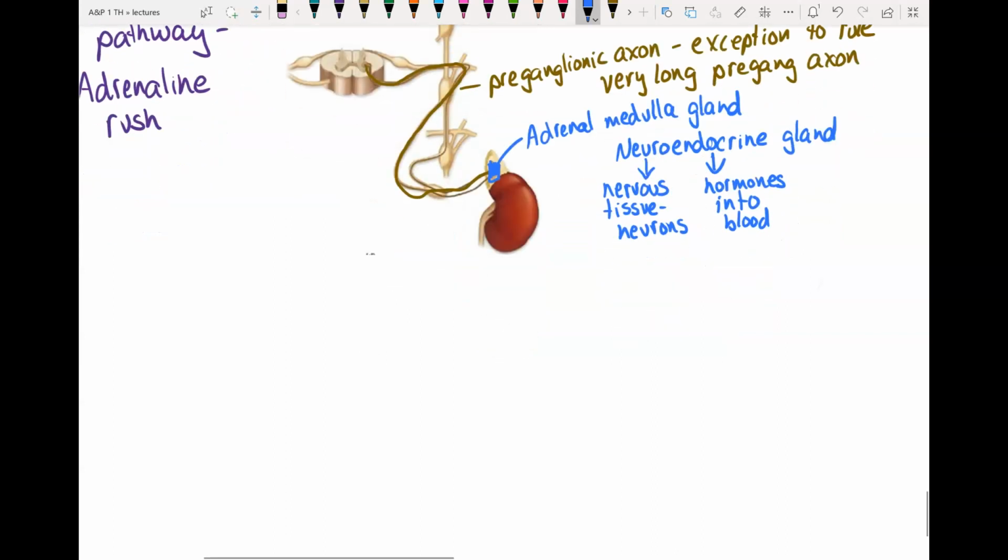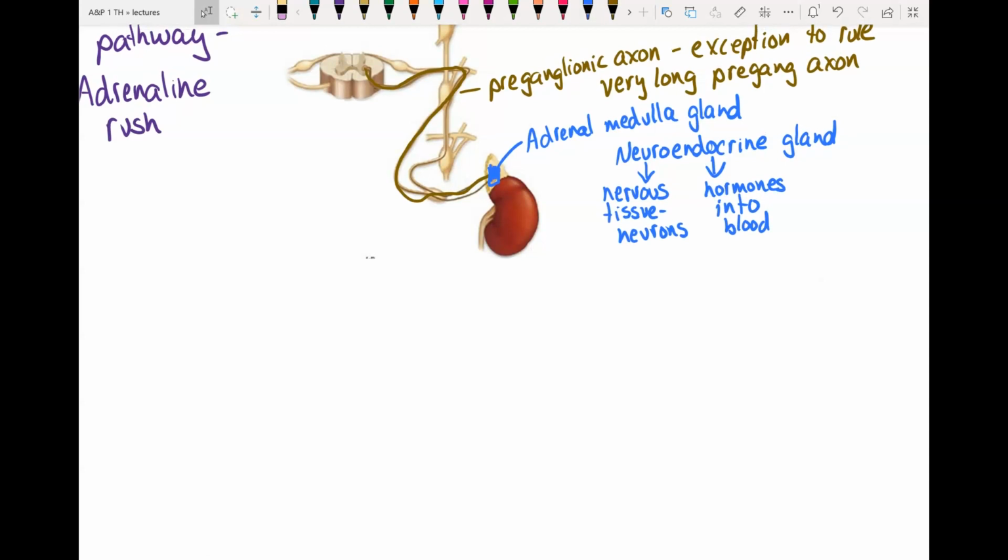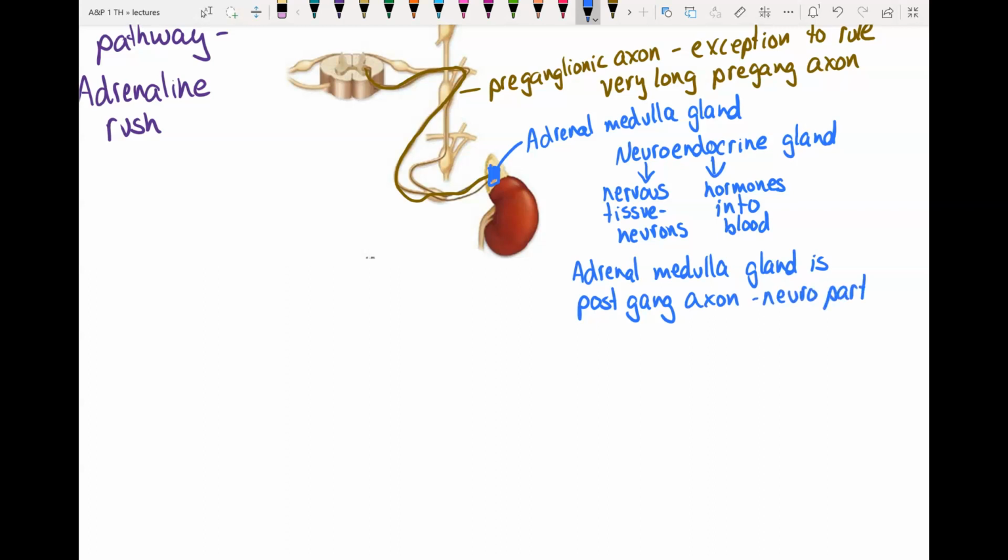What you basically have here is the adrenal medulla gland is the postganglionic axon. So that's the neuro part. The endocrine part is that instead of secreting neurotransmitter onto an effector, it secretes it into your blood.